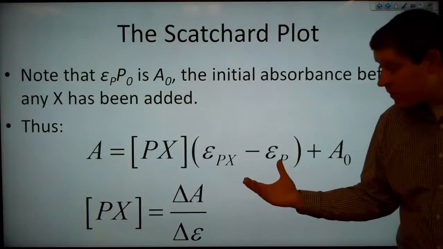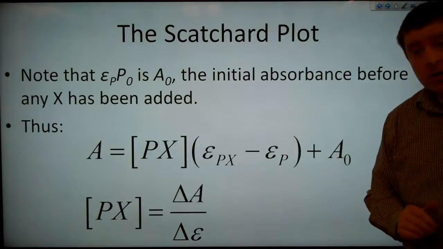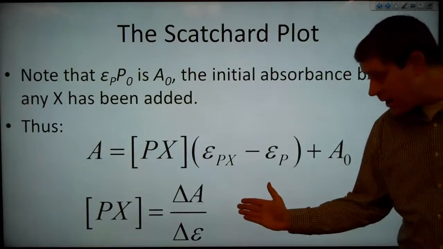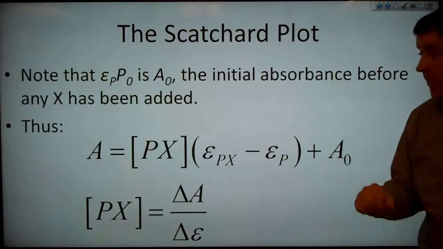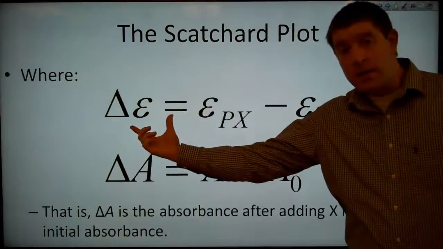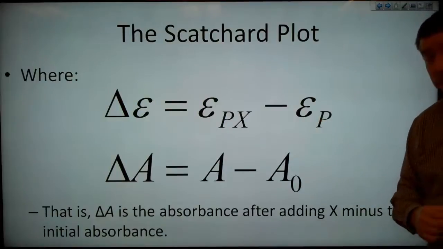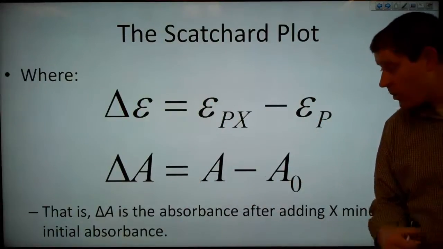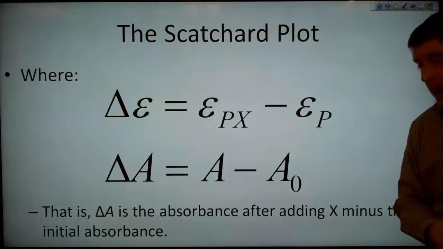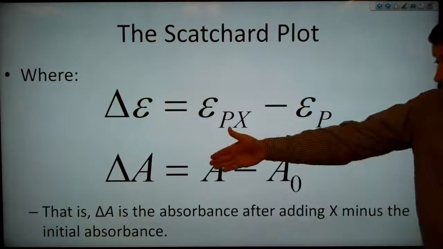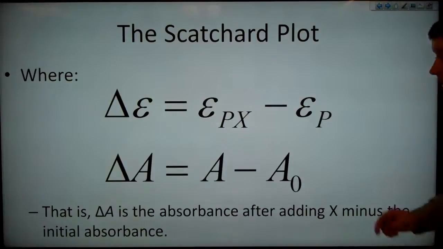And now we can solve this for the concentration of PX is equal to the change in absorbance divided by the change in molar absorptivity between P and PX. So again, that delta epsilon is the difference between the molar absorptivities of PX and P, and the delta A, that change in absorbance, is the absorbance that we have minus the initial absorbance without any X added. That is, that delta A is the absorbance after adding X minus the initial absorbance.